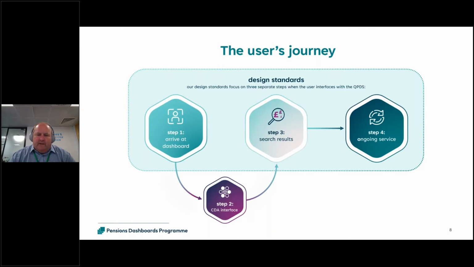And then once the central digital architecture has done its bit, the design standards again control how those search results should be displayed or should not be displayed. And then the steps on into the ongoing pages and ongoing display of information. So those are the areas affected by the design standards.